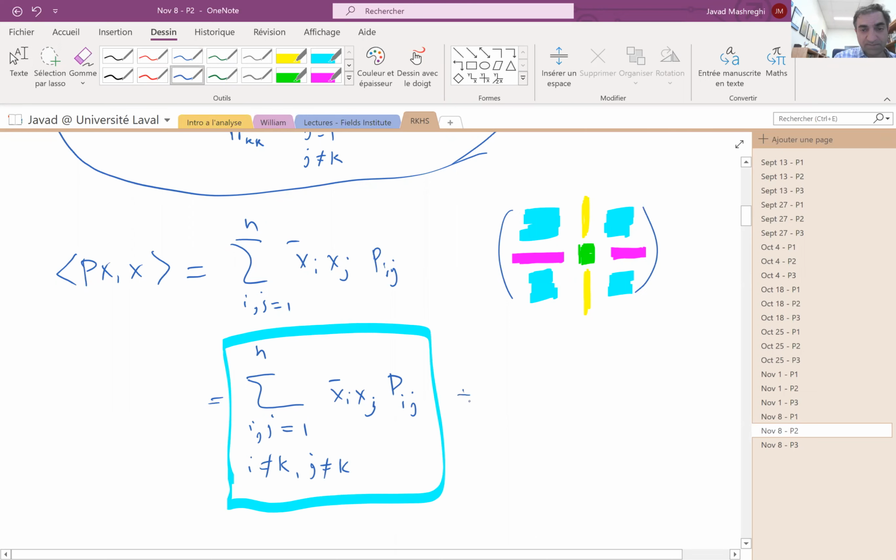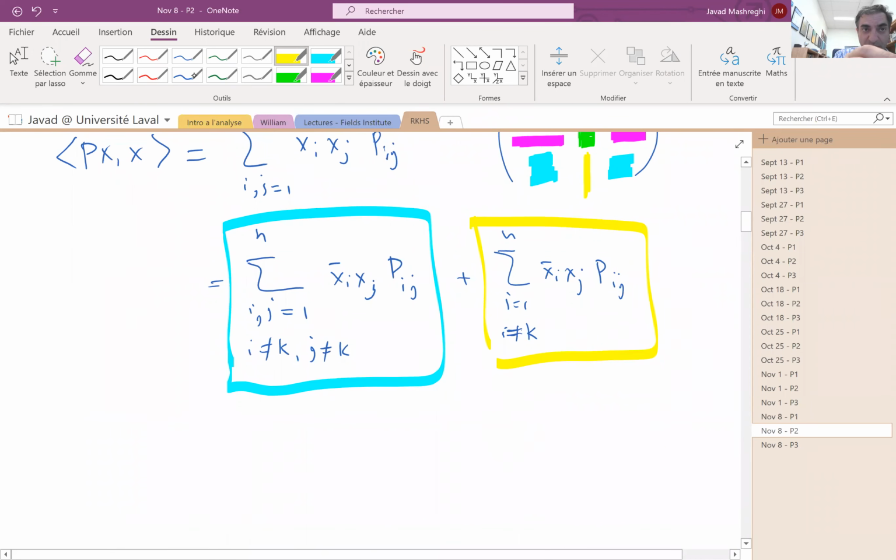Then plus another one, which is sum i from 1 to n, i not equal to k. Same thing. So here i changes from 1 to n, so this is our other one. Plus the same thing with j.